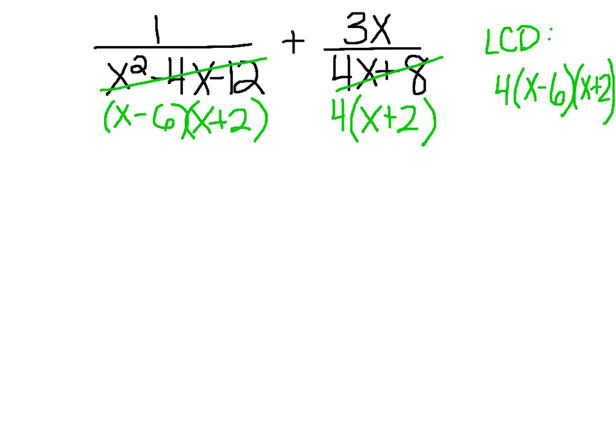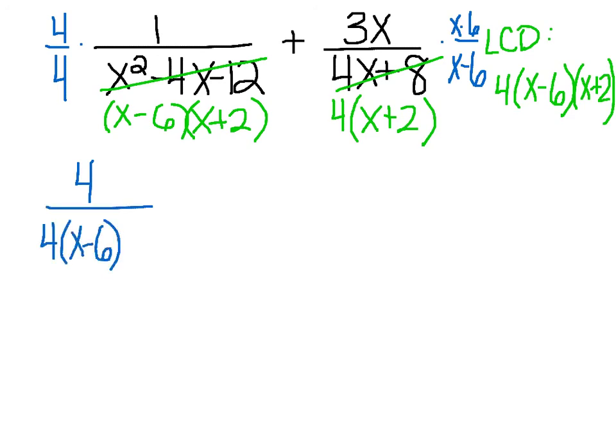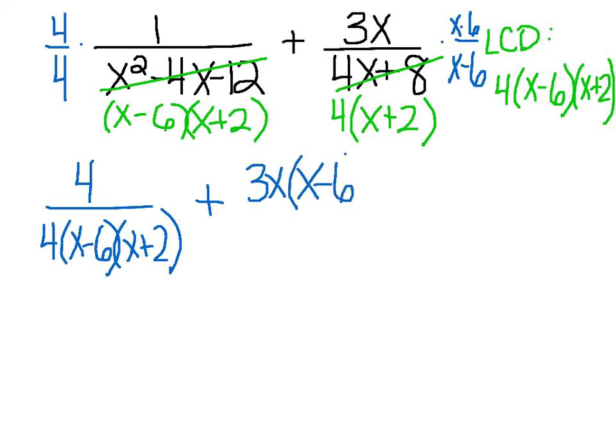So to simplify, I need to multiply this fraction by 4 over 4. And I need to multiply this fraction by x minus 6 over x minus 6. And that's going to give me 4 over 4 times x minus 6 times x plus 2 plus 3x times x minus 6 over 4 times x minus 6 times x plus 2.